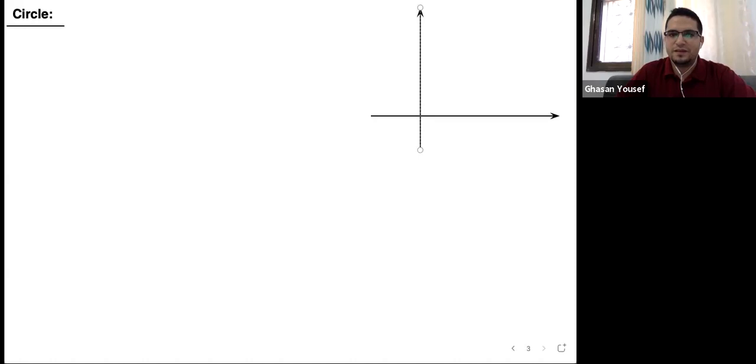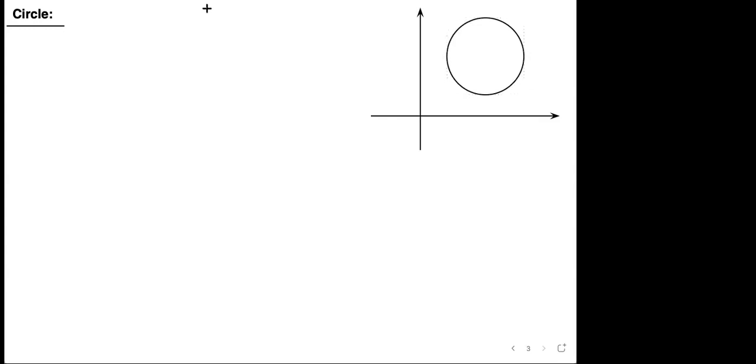But in this class, we're going to talk about the equation of a circle, which is more general. Do you know what the equation of a circle is? Did you hear about the equation of any circle? Isn't it area equals pi radius squared?